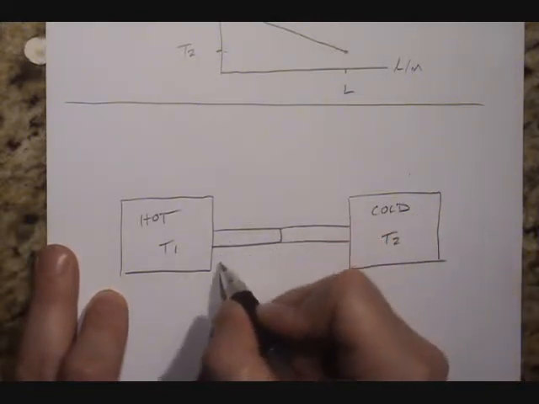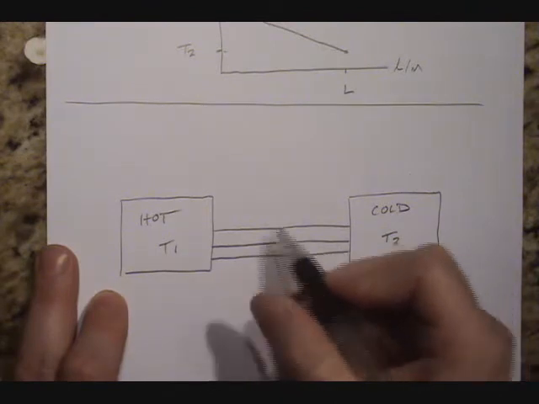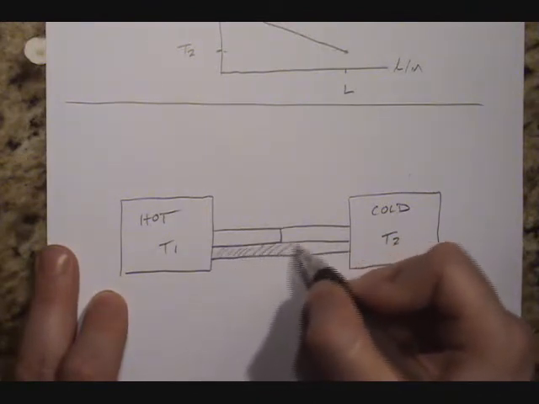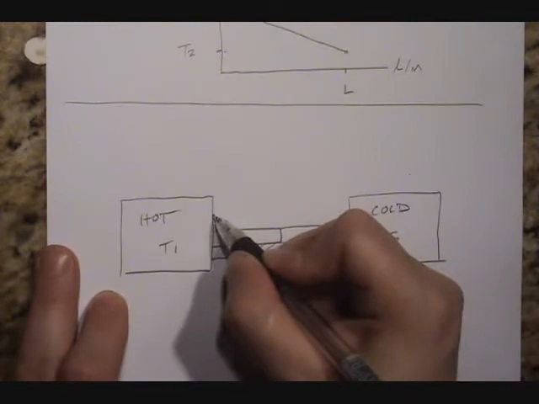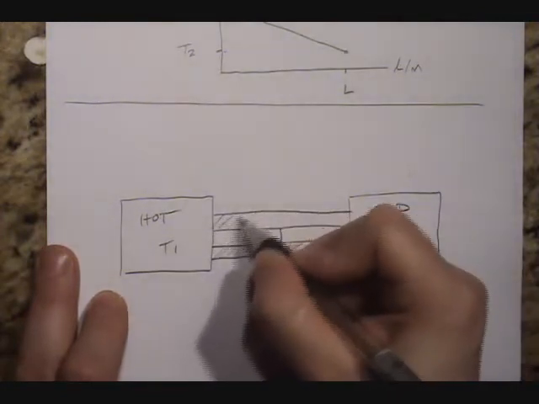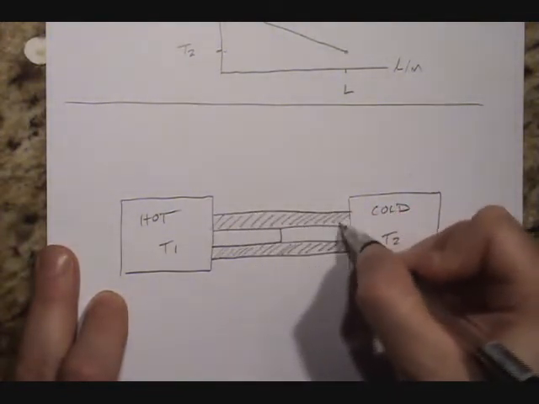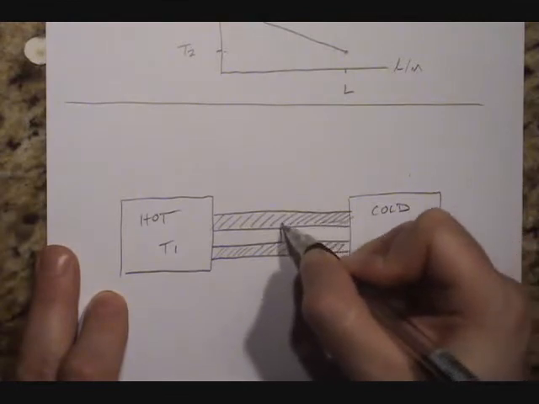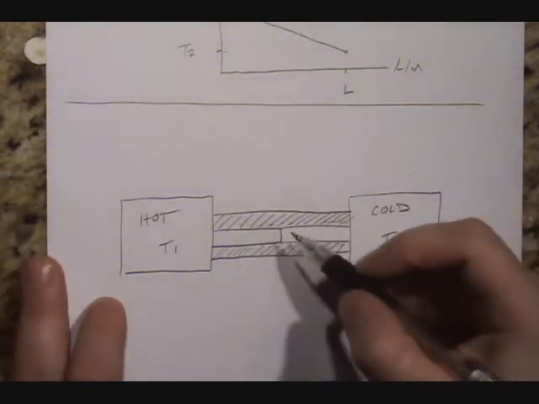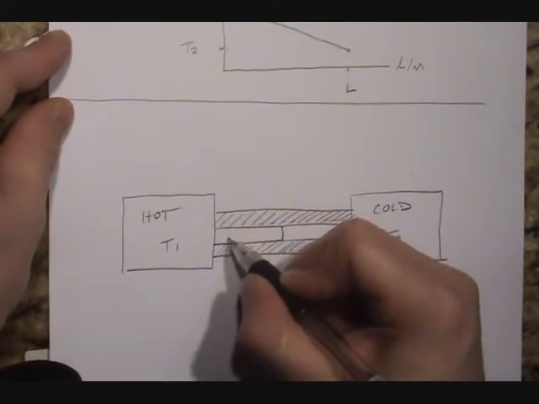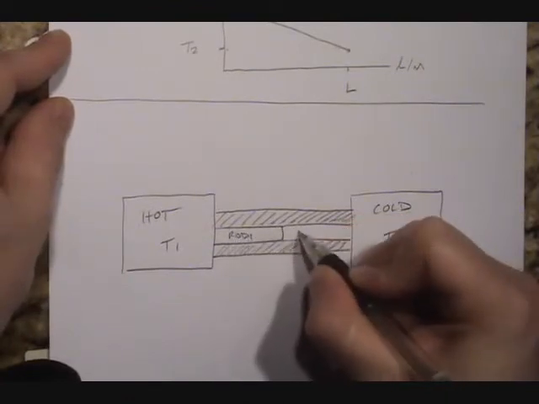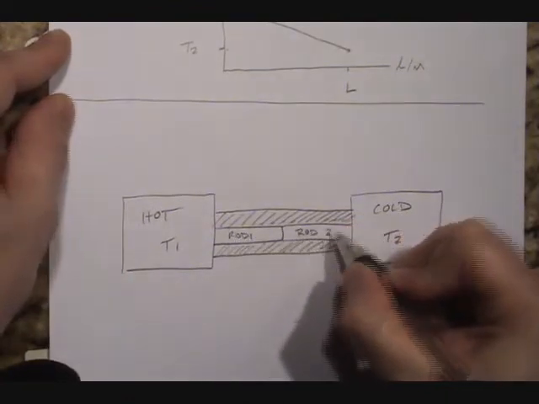And so again, heat will flow. We'll insulate these. We don't want any heat to be lost from the rods. Okay, and so here we have rod 1, and over here we have rod 2.